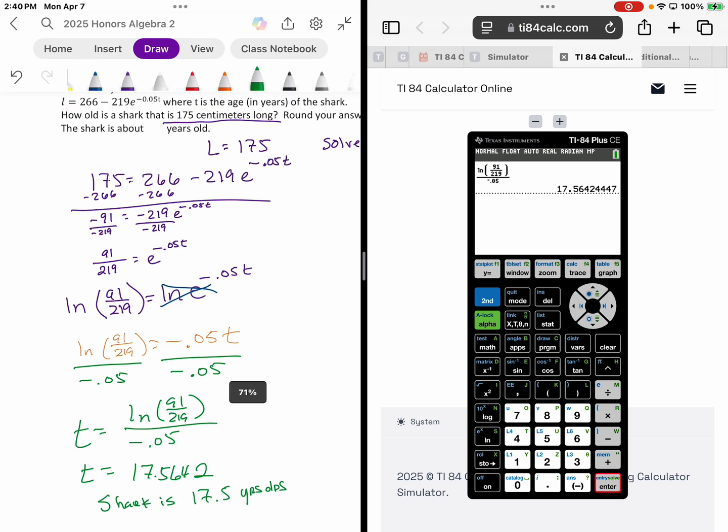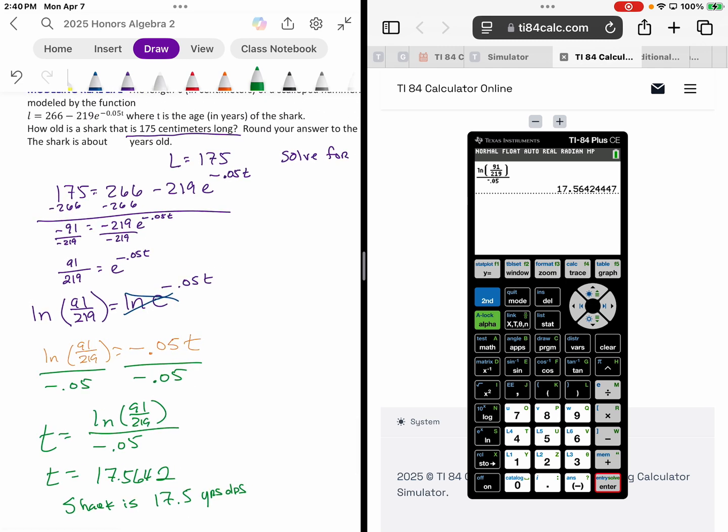So a shark that is 175 centimeters long. Again, we're Americans. We have no clue what that means. So take 175 and divide it by 2.5. What's 175 divided by 2.5?